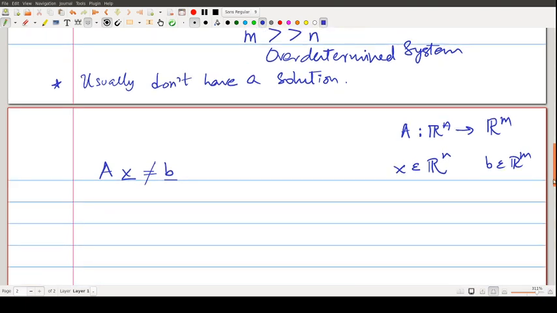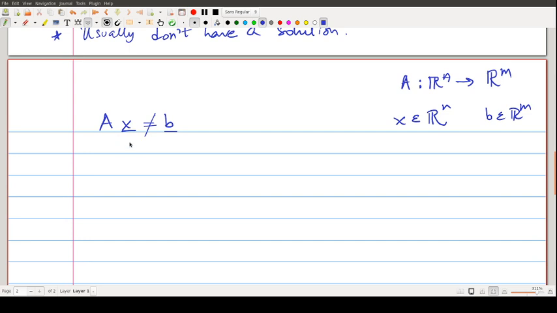So Ax is not going to be equal to b, which means that if I take it to the other side, I am not going to be able to find b minus Ax equal to 0. Ax equals b implies b minus Ax equals 0, but since there is no solution, I can't make this b minus Ax equal to 0.